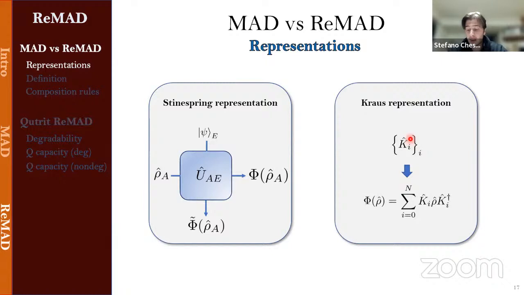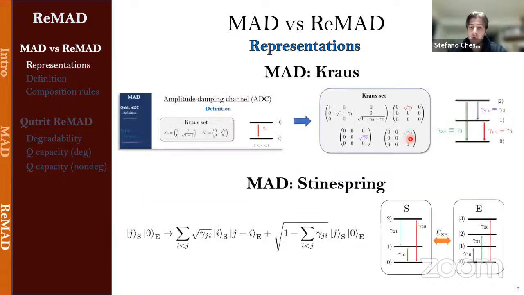But this is more or less what we did for the qubit and the multi-level amplitude damping channels. We just took a Kraus set that, again, for multi-level amplitude damping channels has this structure: a diagonal operator, and then a number of rank-1 operators for each possible decay process.